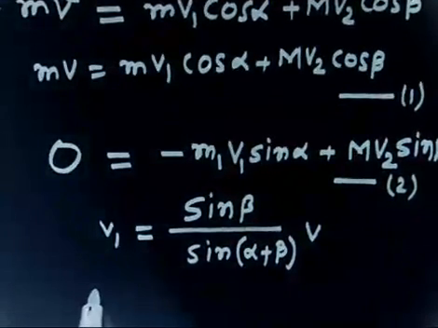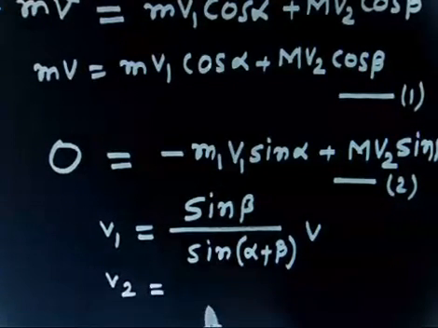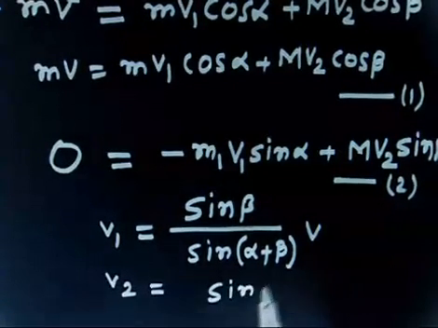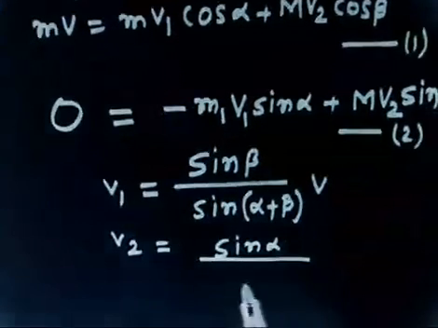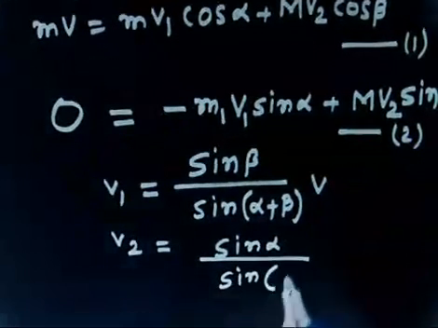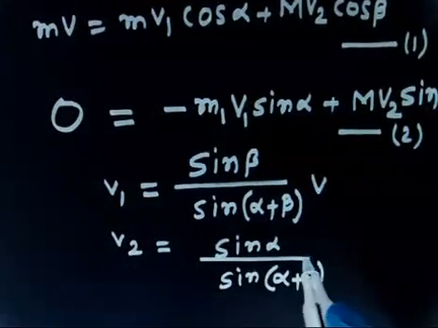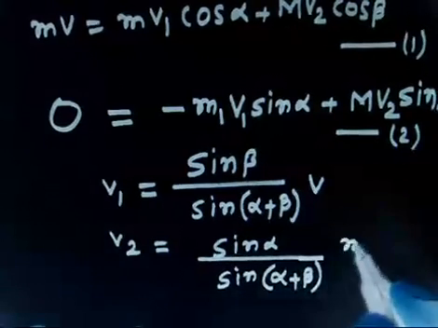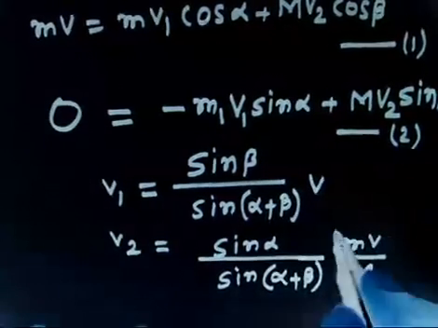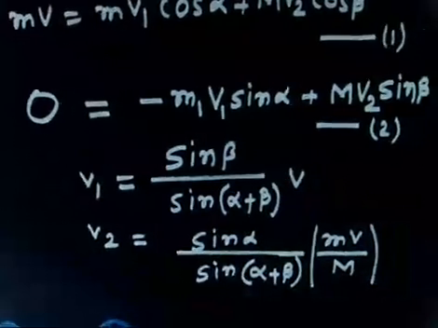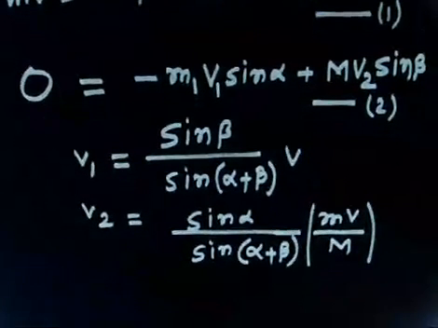Similarly, v2 will be sin alpha divided by sin(alpha plus beta) into m divided by capital M into v. So this is the value we'll get for v2. So you check your answer.